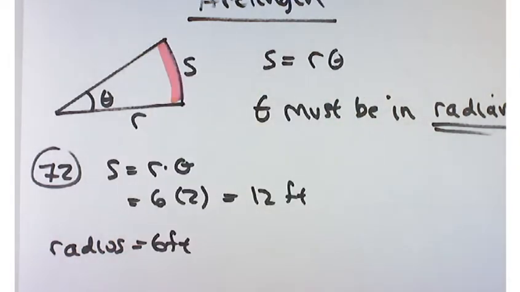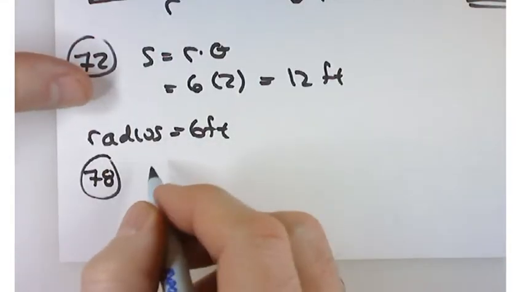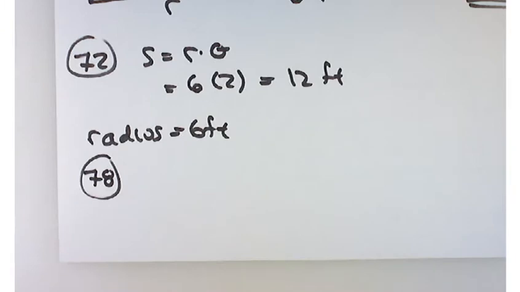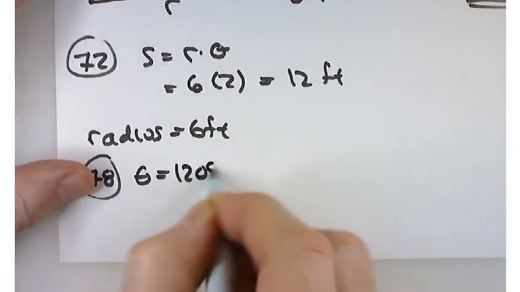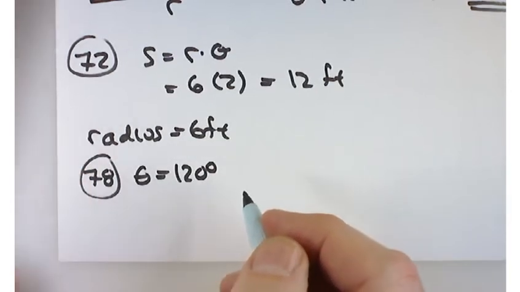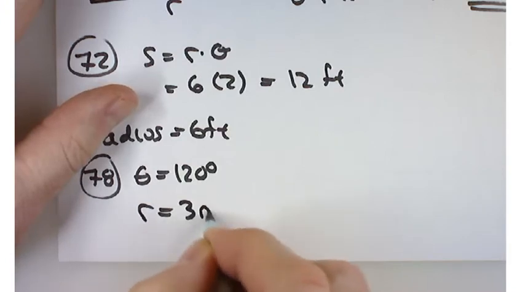So now, more realistically, you're going to get a problem like number 78, which gives you an angle of 120 degrees and a radius of 3 meters. R equals 3 meters.